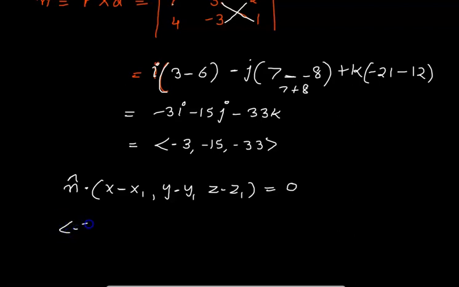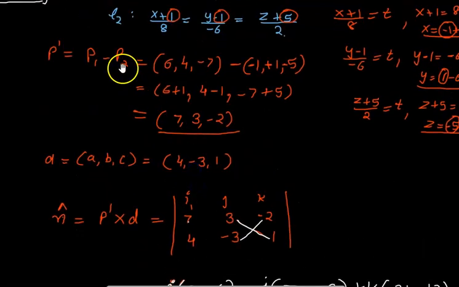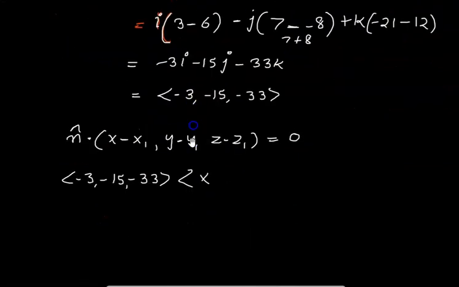So the normal vector is -3, -15, -33. Let us choose the first point P1 as 6, 4, -7 as x1, y1, z1. So x minus 6, y minus 4 and z minus -7, which gives you z plus 7.